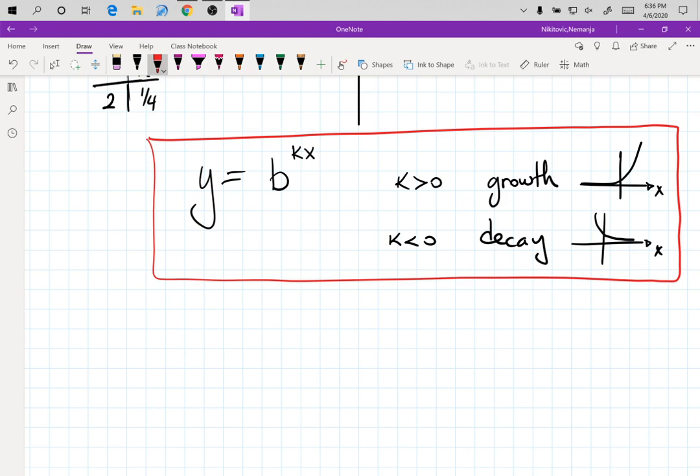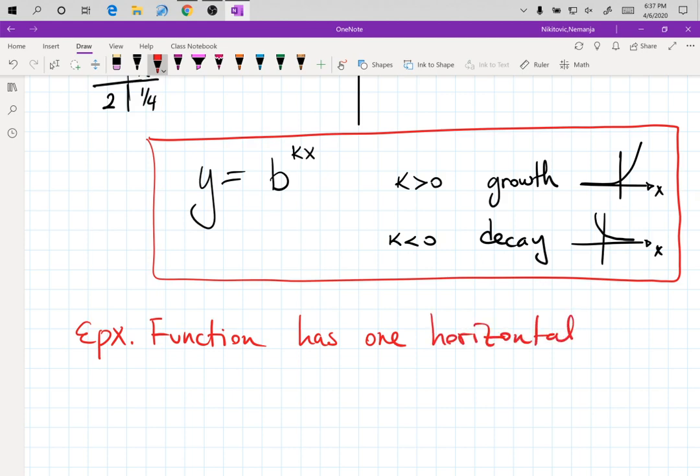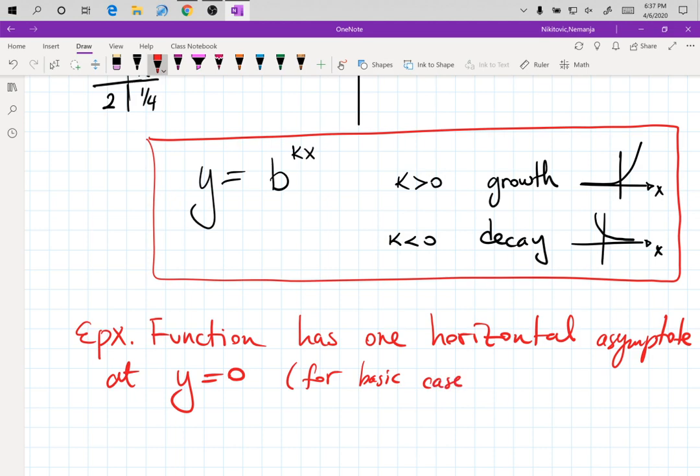So I will write here that an exponential function has one horizontal asymptote at y equals 0 for the basic case, b to the x or b to the negative x.